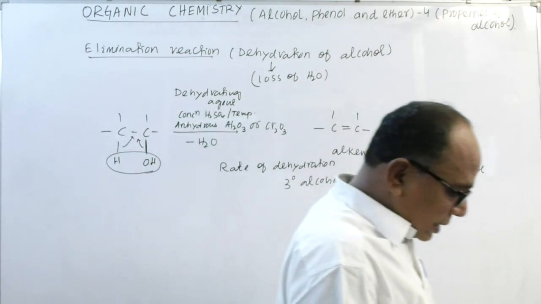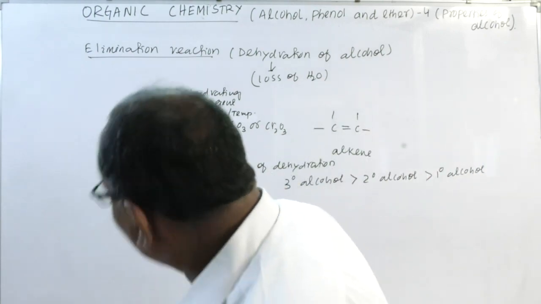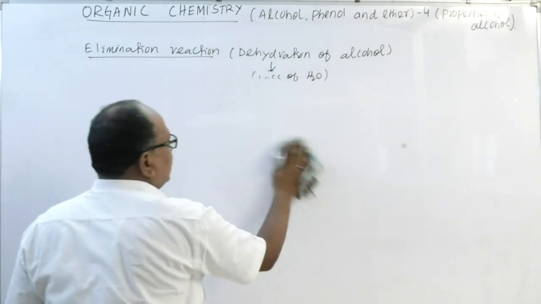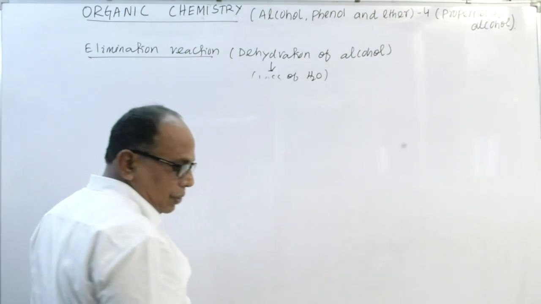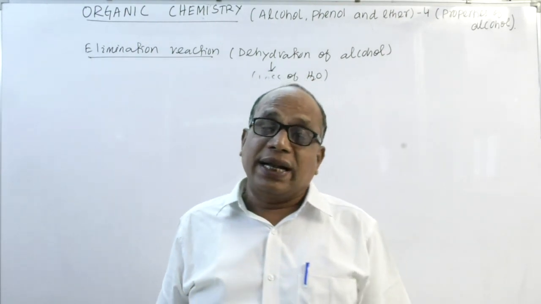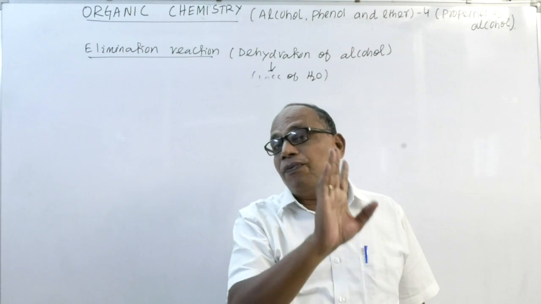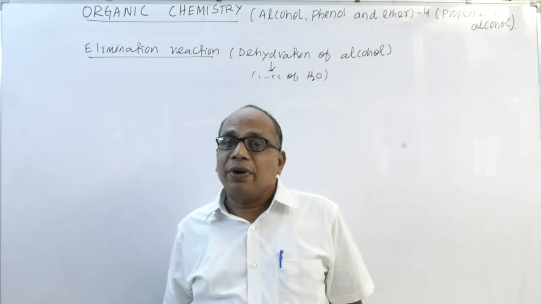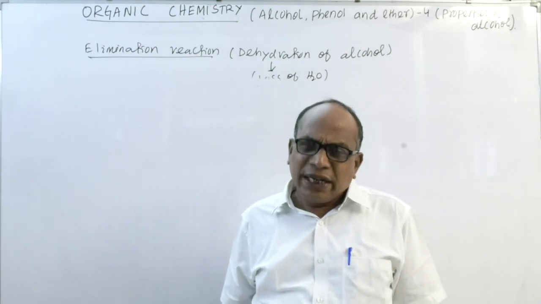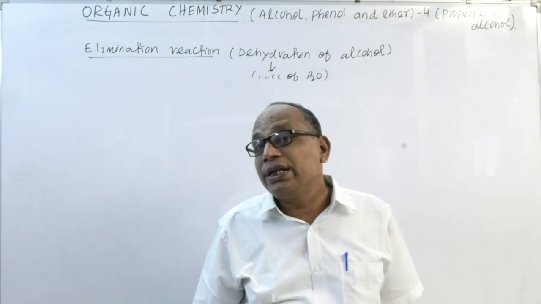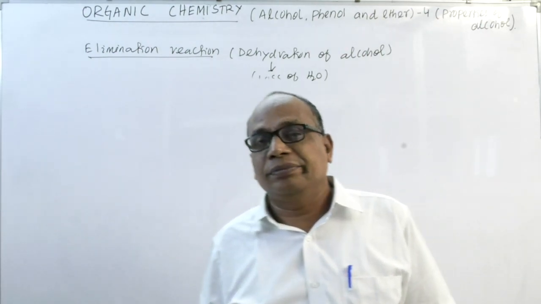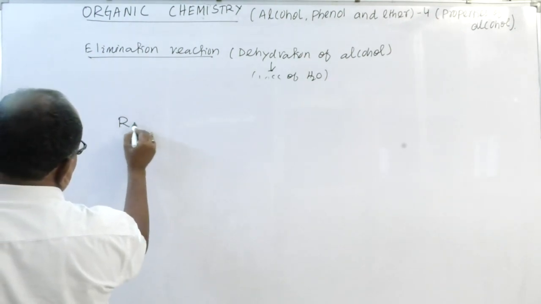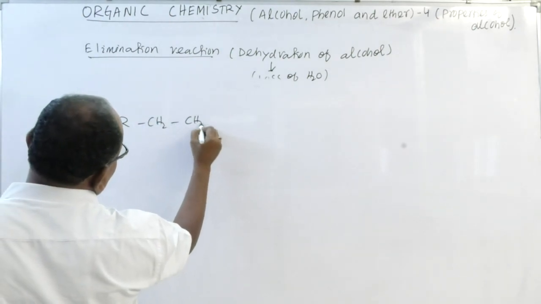Okay students, let's come to how the different alcohols are dehydrated to form alkenes. During the dehydration, it also follows what rule? Saytzeff's rule, that is the elimination of a proton from the alpha carbon atom, taking place on the side or carbon which has more branching. Suppose I take R CH2 CH2OH.